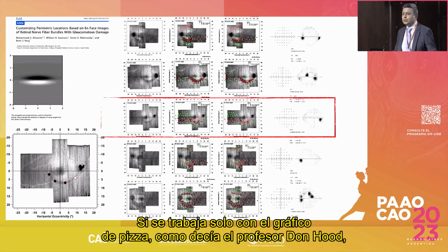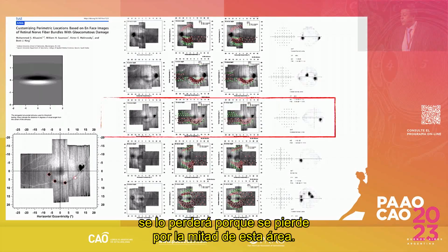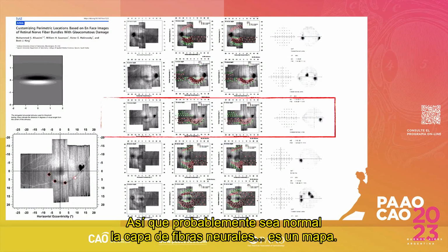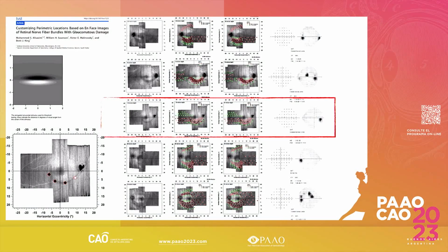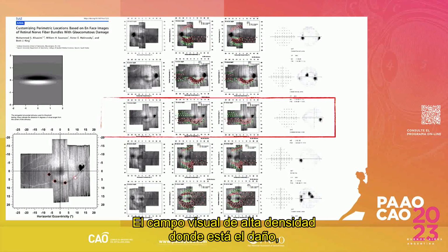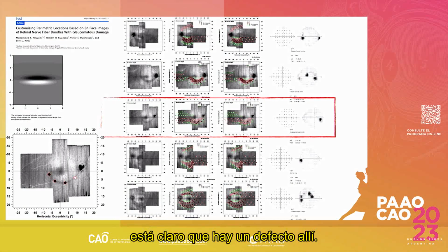If you work only with the pizza chart, as Professor Don was telling, you're going to miss this because it just gets lost in the mean of this area. So it would probably be normal in the nerve fiber layer pizza map. But if you know that the damage is there and do a specific high density visual field where the damage is, it's clear that there's a defect there.